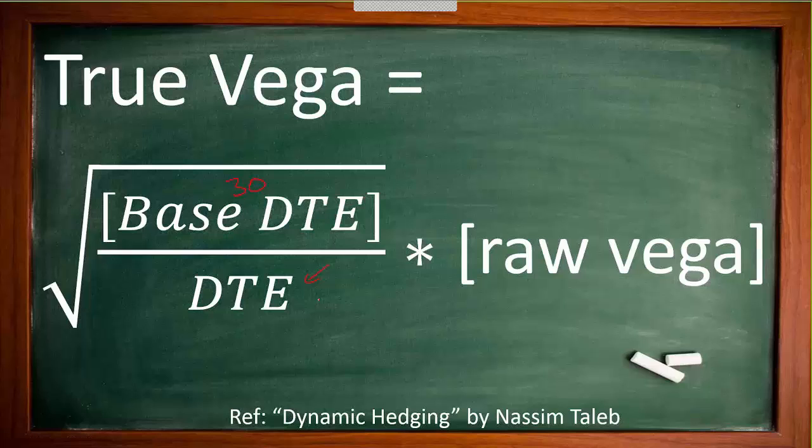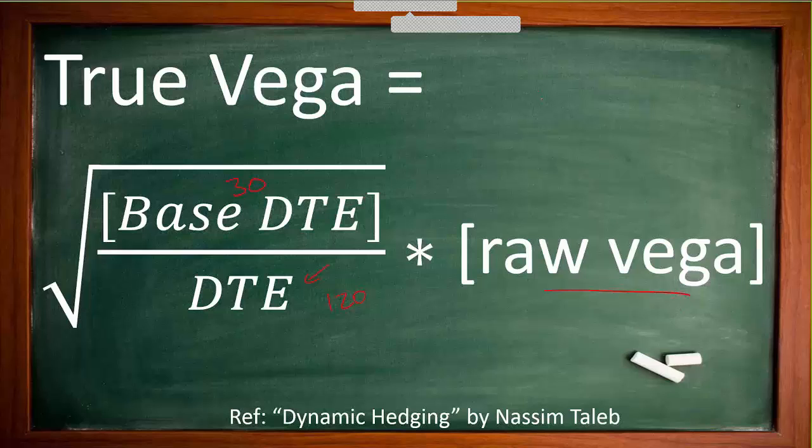And you look at each individual leg. So if the long leg of your calendar is 120 days out in time, then it would be 30 divided by 120. Then we're taking the square root of that ratio, and then we're multiplying that result by the raw Vega. What's a raw Vega?